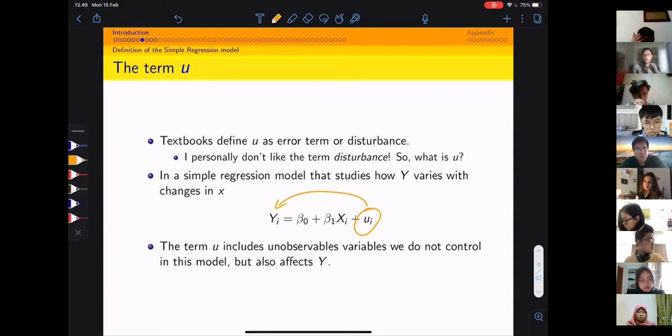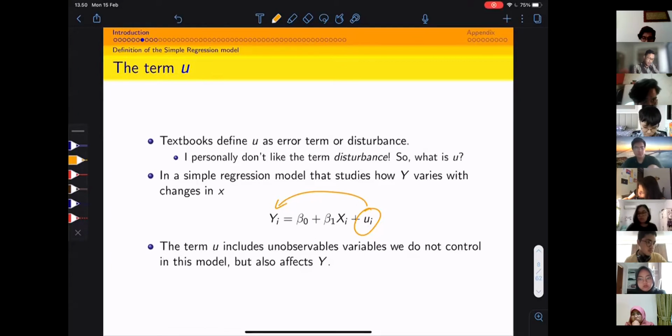It could be that we don't observe the variable, and so during the data collection process, the variable was not measured. It could also be that the variable exists, but for some reason we don't include it in the regression specification. We're going to talk about this more in the next meeting on chapter 3.